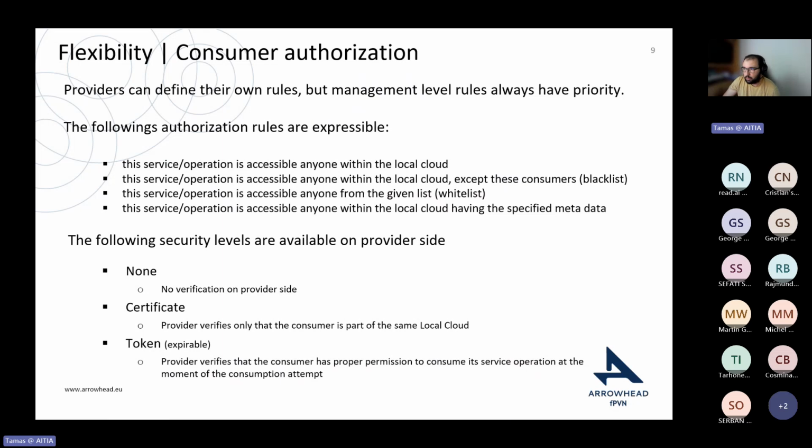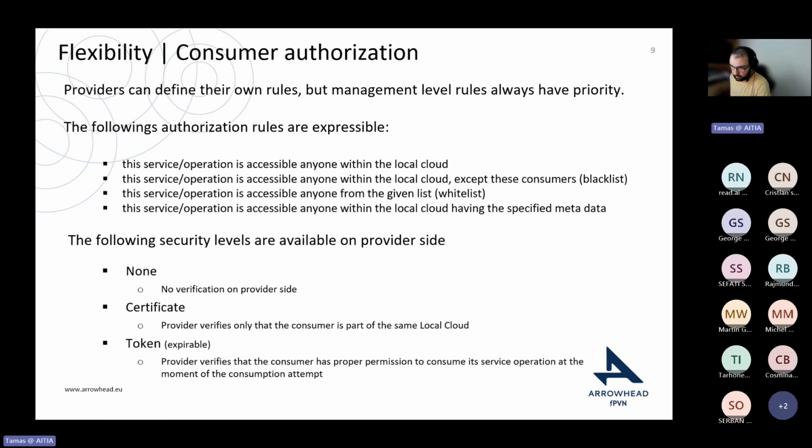Now we change to policy-based authorization rules, and you will be able to express that the service or service operation is accessible to anyone within the local cloud, or anyone within the local cloud except these consumers. So you can have a blacklist.